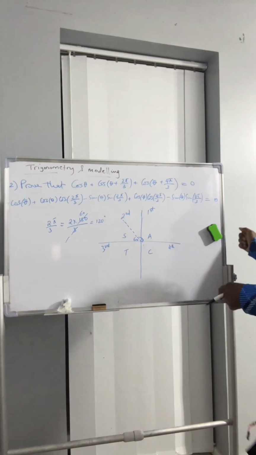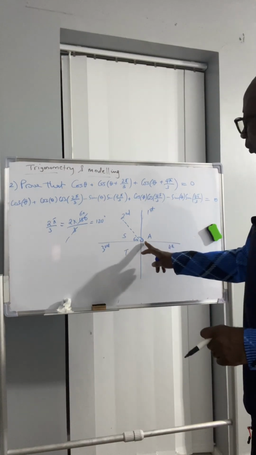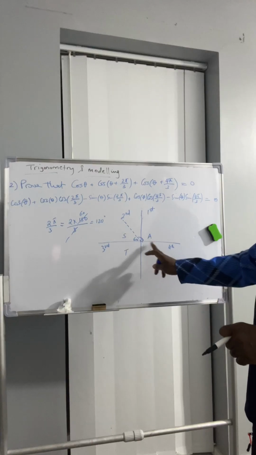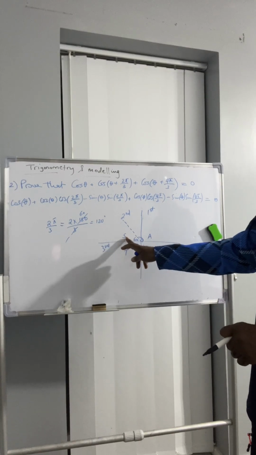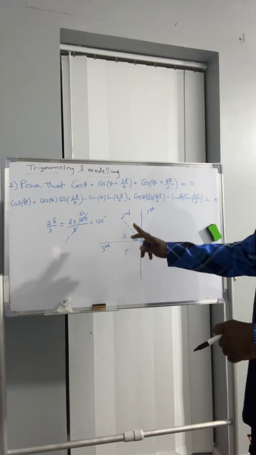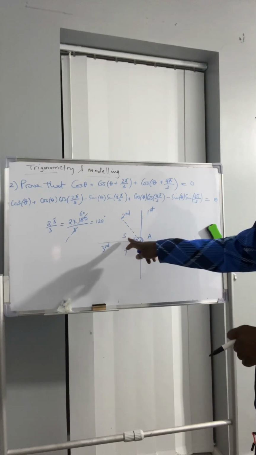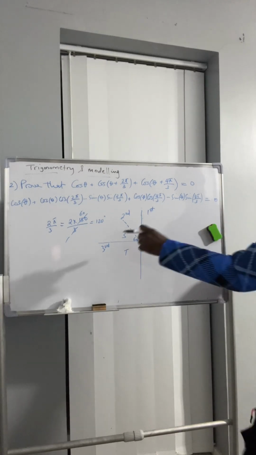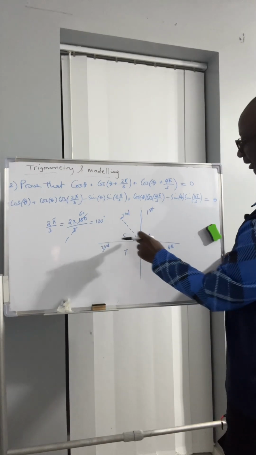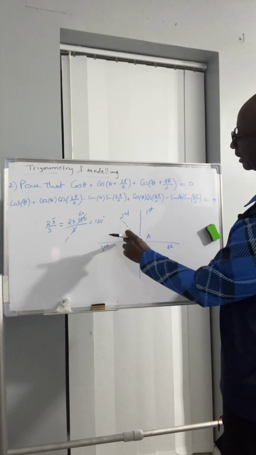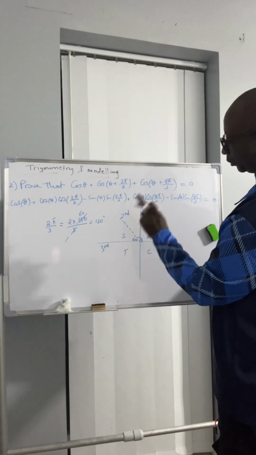So we are looking for the cosine of 120 degrees. In this case, it falls on the second quadrant, and in the second quadrant only sine is positive here. The cosine is negative. So in fact, we are looking for the negative cosine of 60 degrees. 120 degrees falls on the second quadrant, and there only sine is positive, not the cosine.